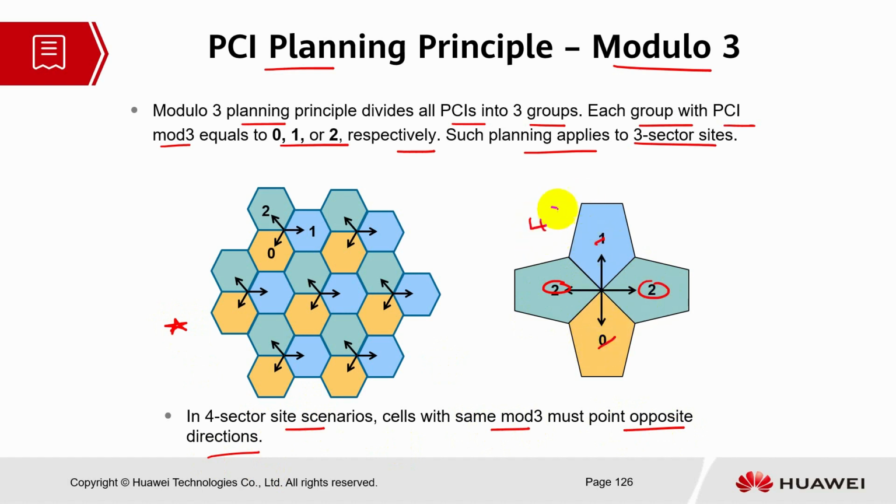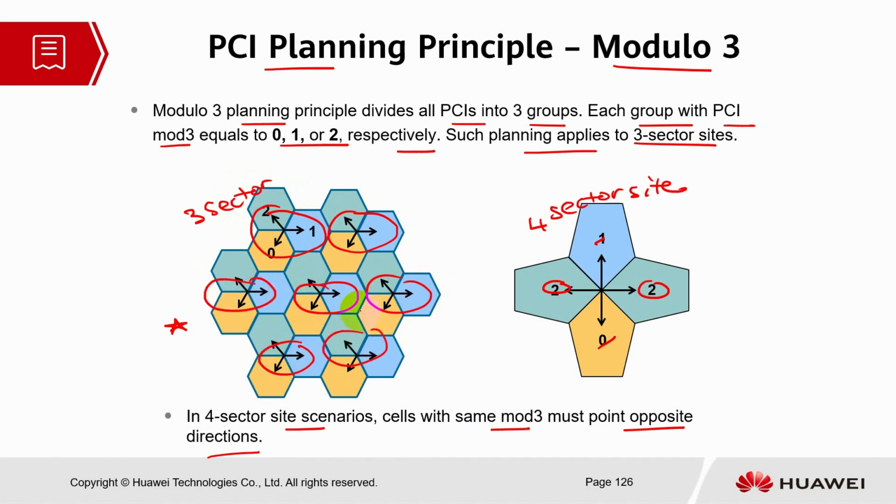So this is a 4 sector site. This one is a 3 sector site. They repeat so that they don't conflict with each other. The position will change, but they follow the 0, 1 and 2 planning principle.